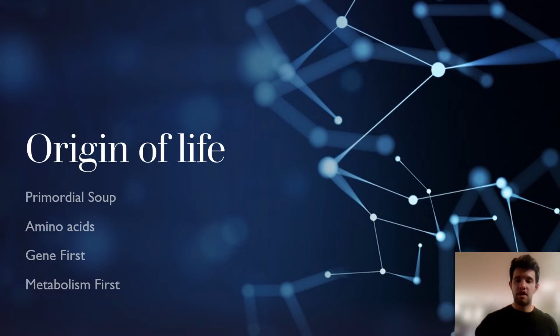So what's different between the gene first and the metabolism theory is that the metabolism first theory suggests that it wasn't just a random chemical process with the right conditions, but that there was a rudimentary metabolic process that existed that allowed for organic compounds to eventually be created.